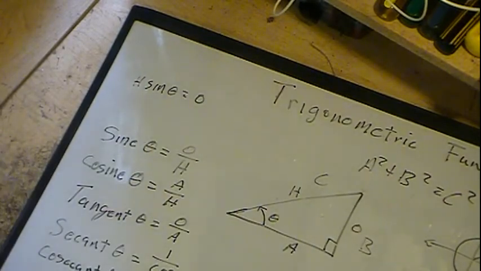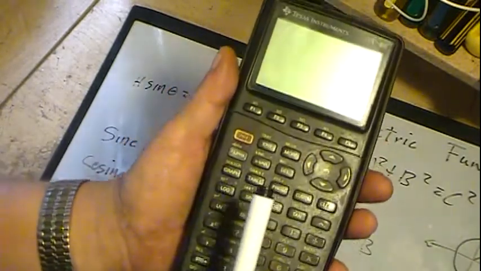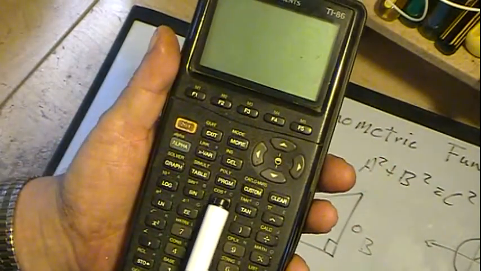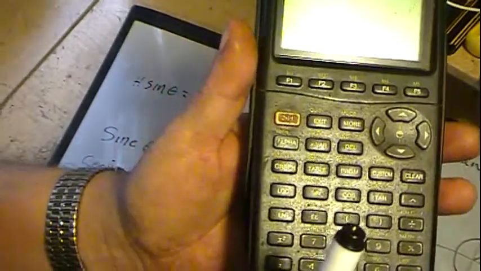They're marked on your calculator. If you got a scientific calculator, you have sine, cosine, and tangent. Above those, and I don't know if you could see that, is sine minus 1, cosine minus 1, tangent minus 1.